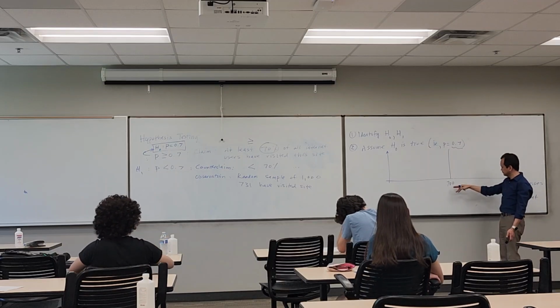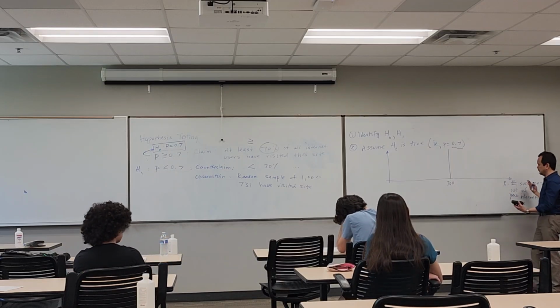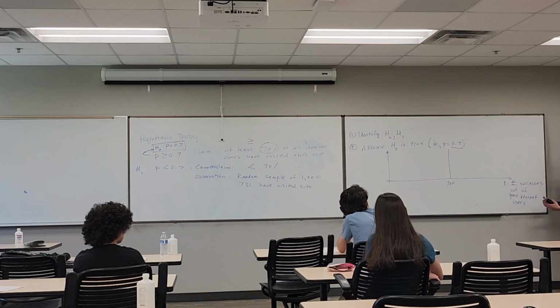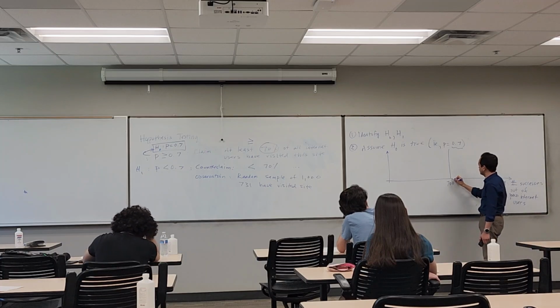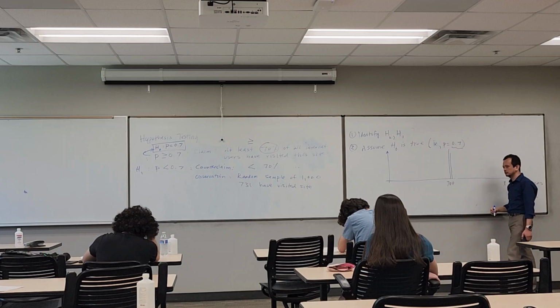But of course, it doesn't mean that every time we observe 1,000 people, we're going to get exactly 700 successes, or 700 people having visited the site. So we could observe 701 people, but the probability is a little bit lower, so the height of this bar is lower.